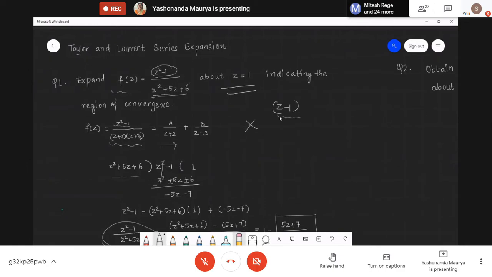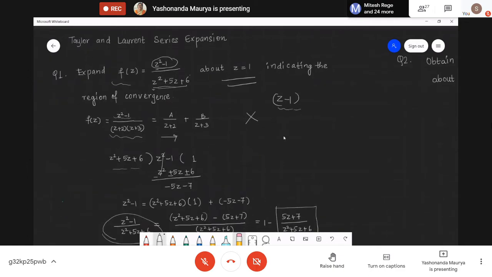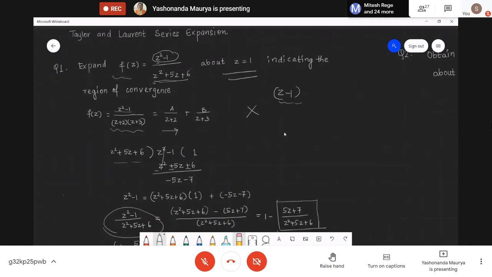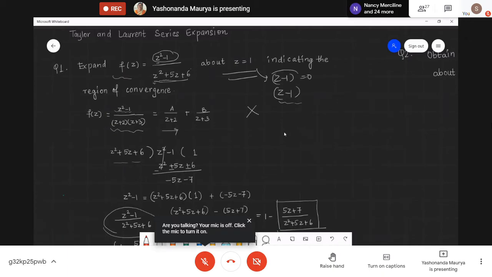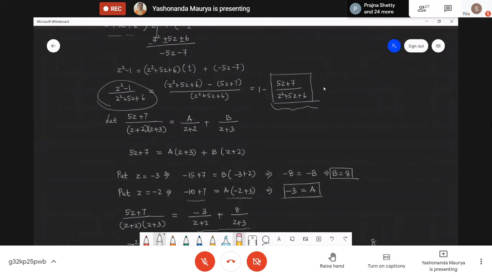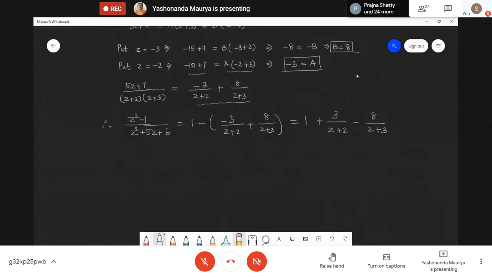How do we do that? Z equal to 1 means z minus 1 is equal to 0. So this is what we are trying to use over here. This particular thing corresponds to this factor. So ultimately everything is to be written in terms of z minus 1.